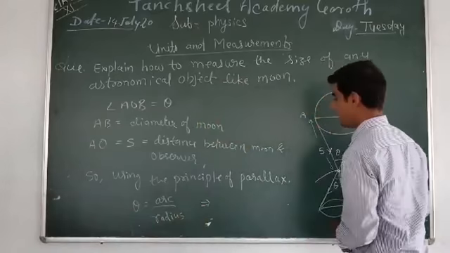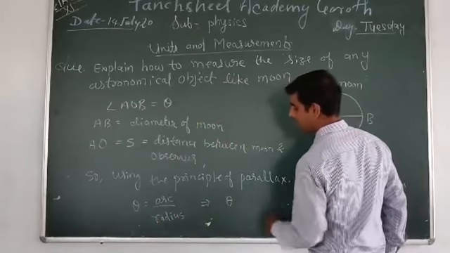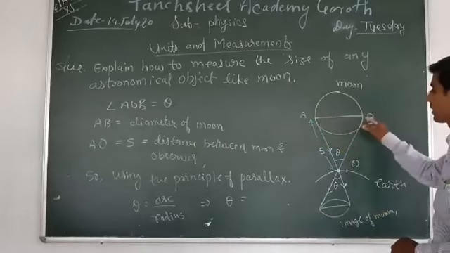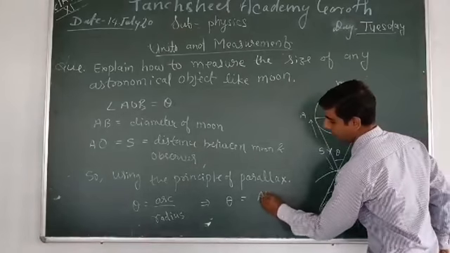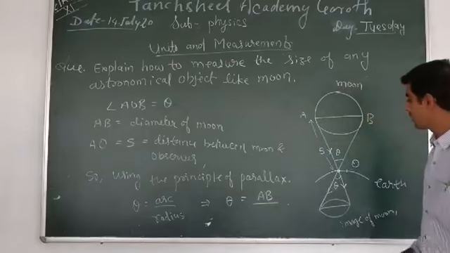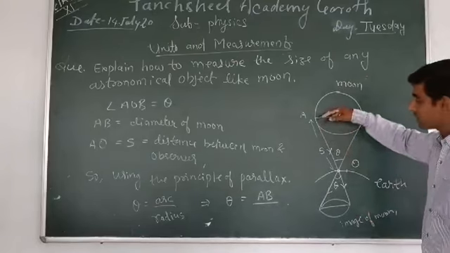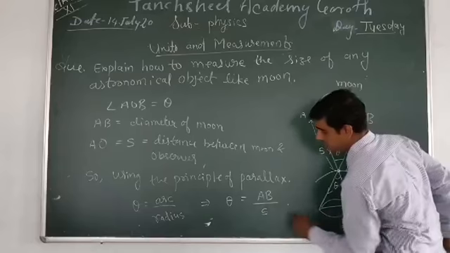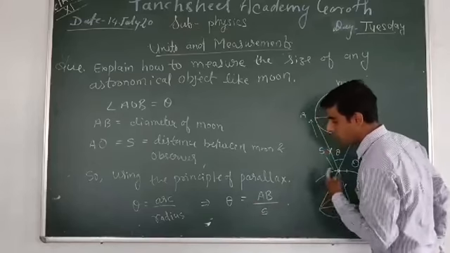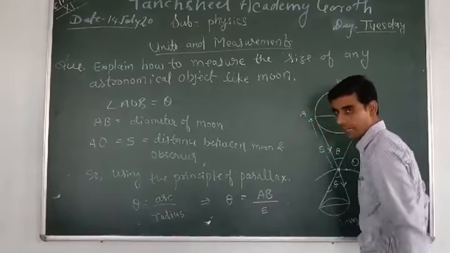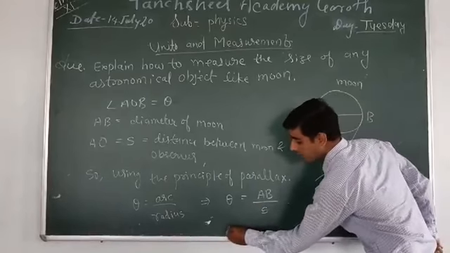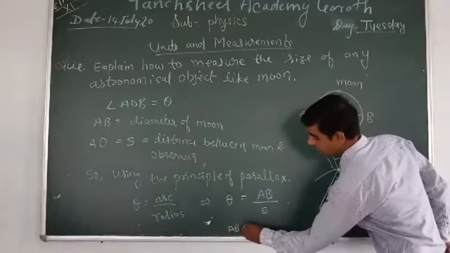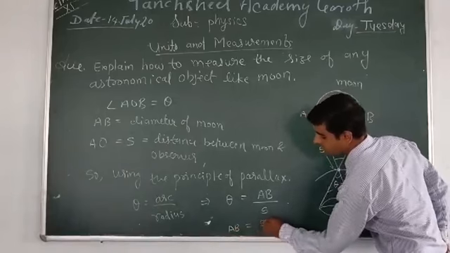If I have the value of theta, then the arc is AB, and the radius is the distance between A and O, so I write here S. So if I have two values, theta and S, I can easily calculate AB equal to S theta.